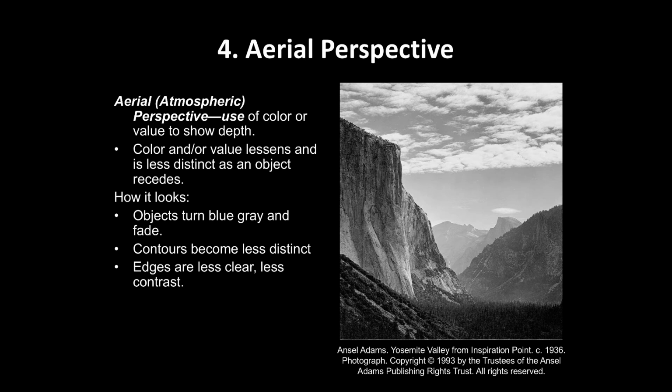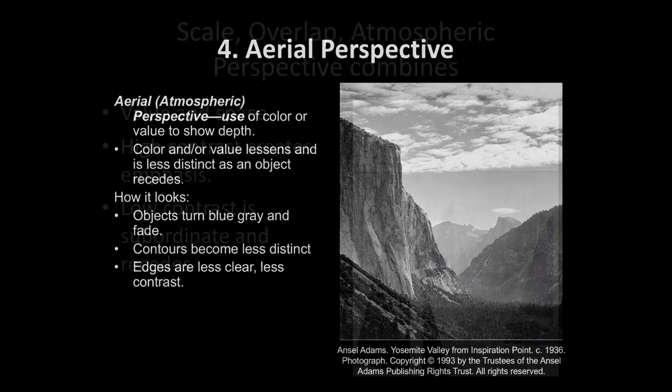So in the foreground you see really crisp darks and lights, and in the background they start getting a little bit more hazy. Contours become less distinct, edges are less clear, and that's called atmospheric perspective, which was something that we're going to do in our project.